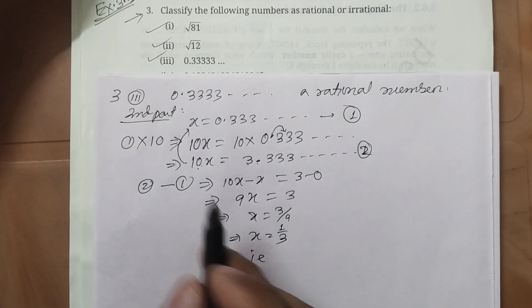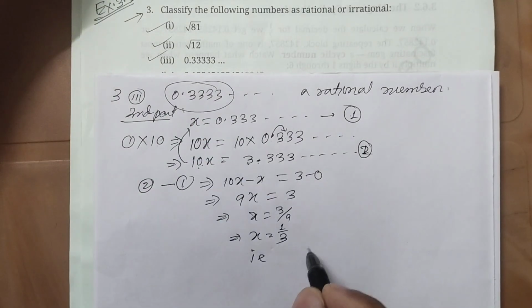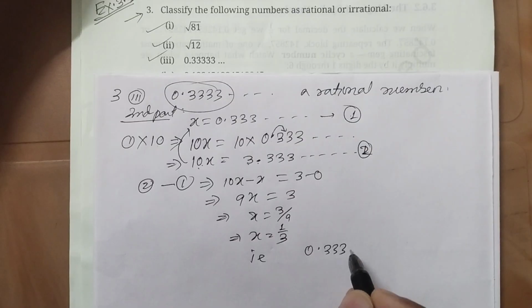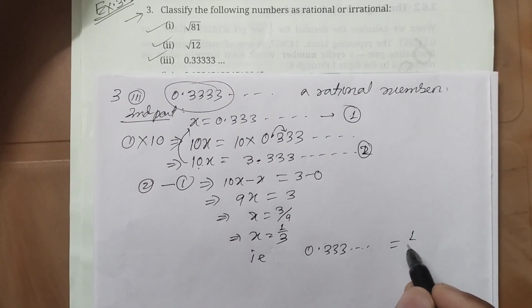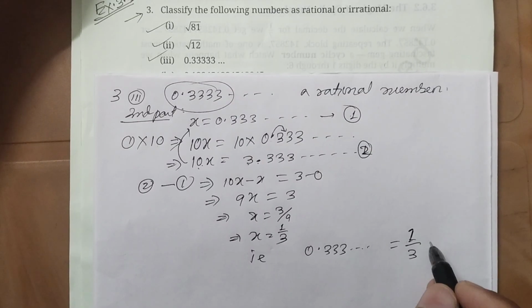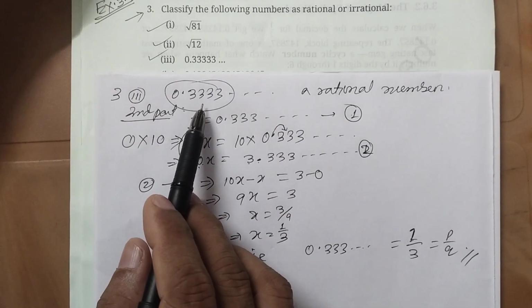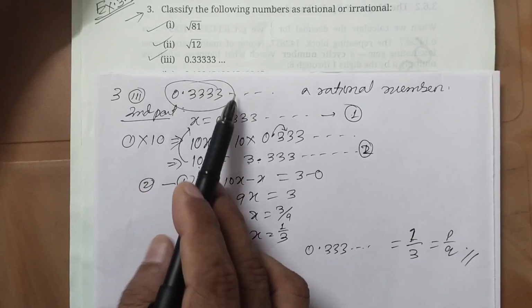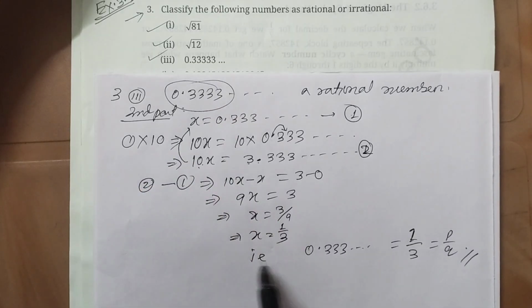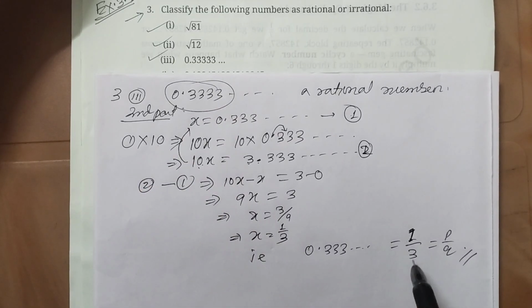That means the required number 0.333 is equal to 1 by 3, which is in p by q form. So the given number is a rational number because it is in repeating form and is equal to 1 by 3, which is in p by q form.